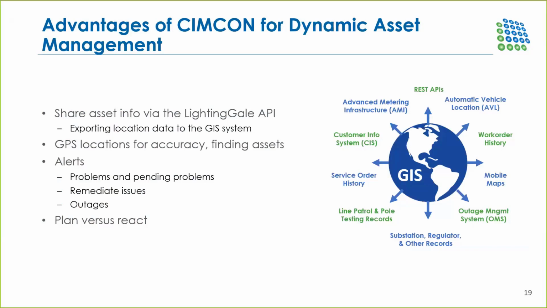So all of this data can be exported through our REST APIs. Additionally, it can be shared by flat file systems. But again, all of the alerting, you can remediate issues, all of your outages, your plan versus react can be a part of your already existing CRM or ticketing infrastructure.